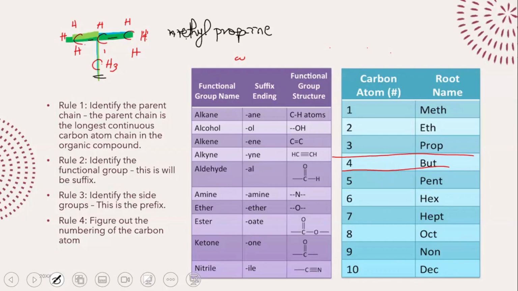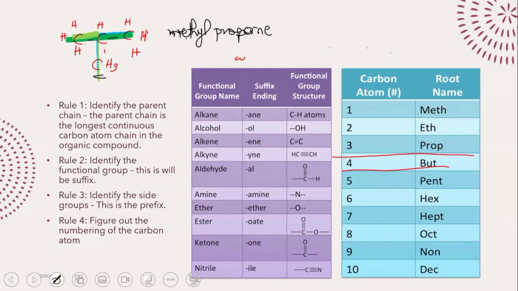And finally, we have to figure out the numbering of this. How do we go ahead and figure out the numbering? Now, this structure I have drawn is quite easy. It doesn't matter whether I start counting from the left side or the right side, I get the same number.